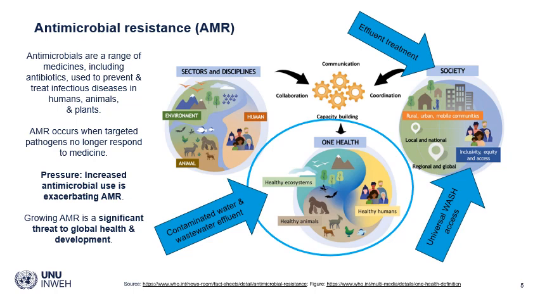Also, the World Bank has estimated that AMR can result in 1.34 trillion US dollars in gross domestic product losses per annum by 2030 and an additional 1 trillion US dollars in healthcare costs by 2050.